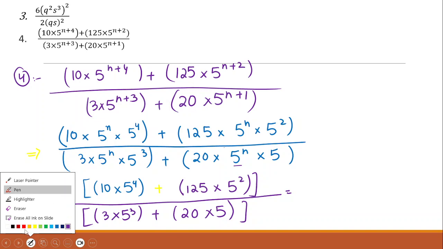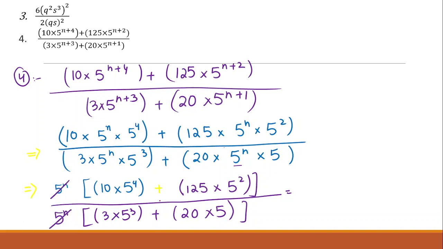Clear? So now it is very simple. You can simplify the terms: 10 multiplied by 5 to the power 4, plus 125 multiplied by 5 to the power 2. Let's simplify them. You can use a calculator for this if you do not know 5 to the power 4. Let's just use the calculator.